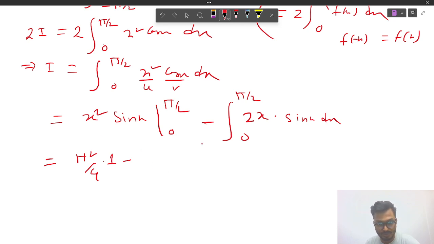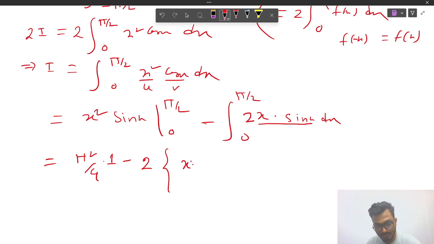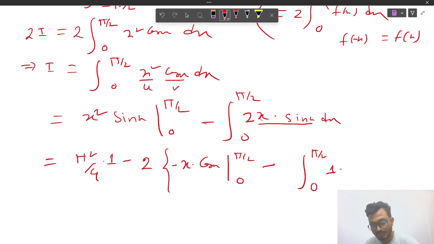Now taking 2 outside, when we do this integration, first function x times the integration of the second function, the integration of sin x is minus cos x, from 0 to pi by 2, minus the integration from 0 to pi by 2 of the derivative of the first function, that means the derivative of x with respect to x, which is 1, times the integration of sin x, which is minus cos x.